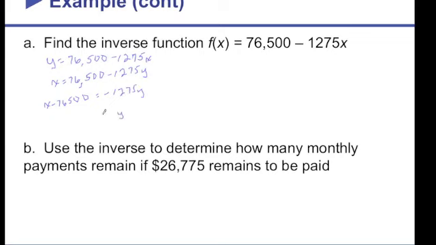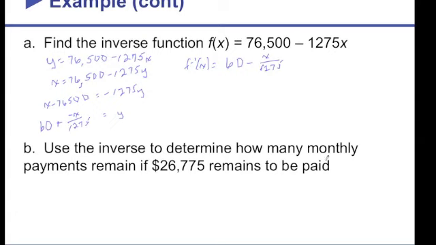When I divide by negative 1275, I'll have negative x over 1275 on one side, and this negative divided by negative will be a positive, so I'm going to put it in front. 60 minus x over 1275. Okay. So this is my inverse function. It's 60 minus x over 1275.